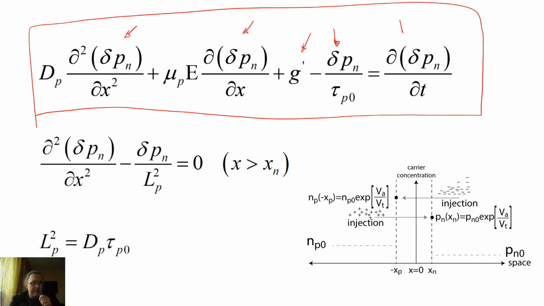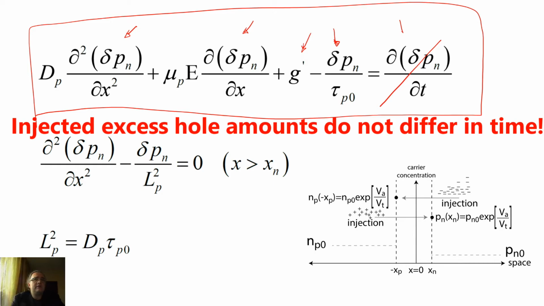But here the point is that in steady state there will be no dynamics, there will be no differences in the excess charge injected. So the excess charge, the amount of charge that we inject, is constant, yeah? And this is actually this value.